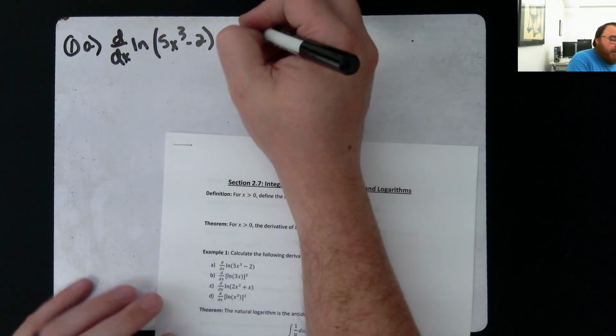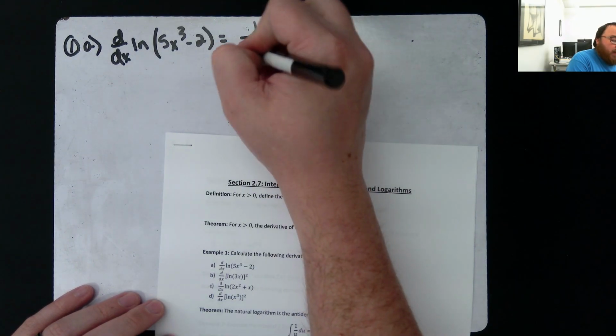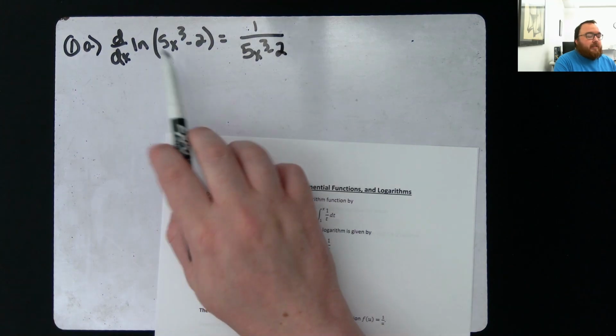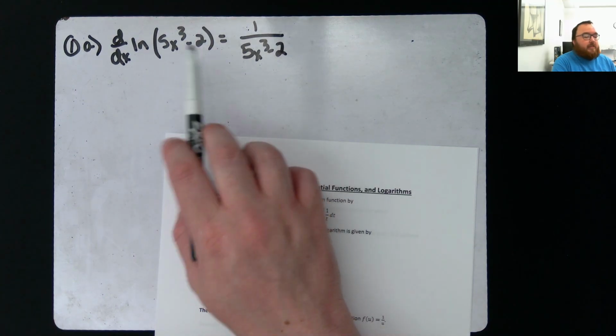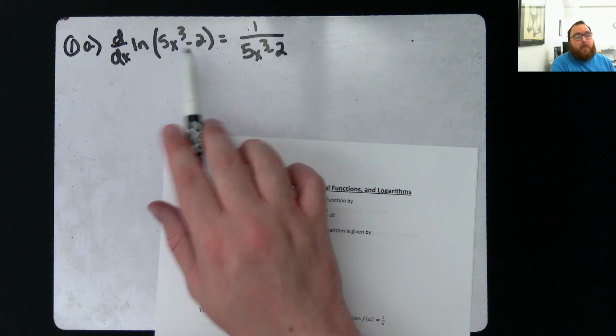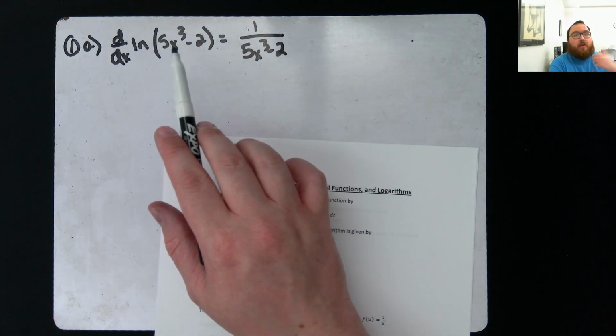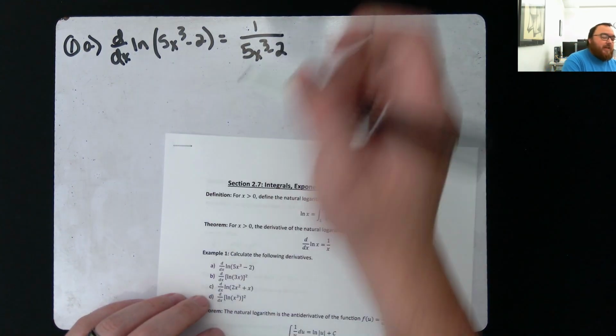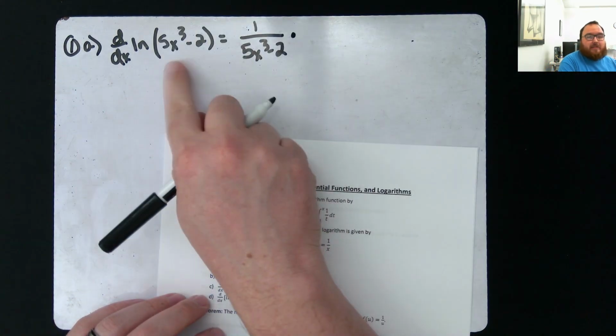So we start out by just doing 1 over 5x cubed minus 2. But since this isn't just plain x, since it's the natural log of some stuff, because of the chain rule from Cal 1, I need to multiply this by the derivative of that stuff.